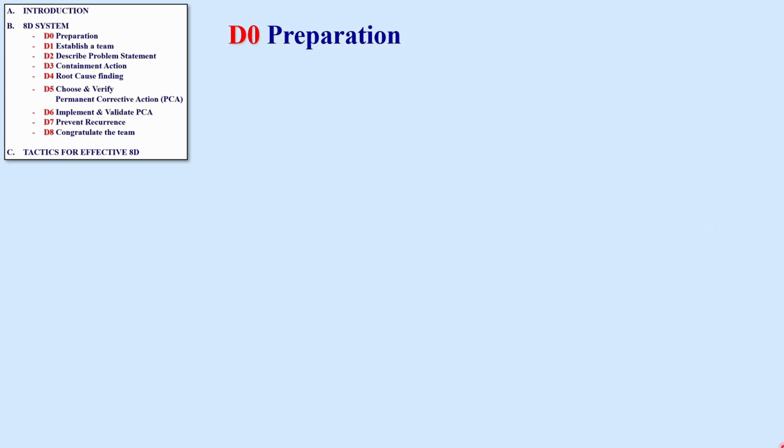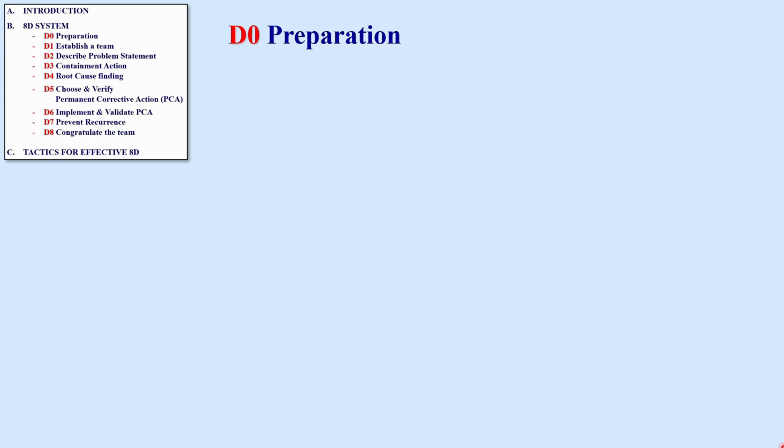Without further delay, let's move to our very first D0, preparation. This is the stage for us to gather initial data, generally from the customer or whoever reported the issue. In some companies, this role is played by the CQE, Customer Quality Engineer. Some companies design a standard form, or questionnaire, to collect this type of data from their customer.